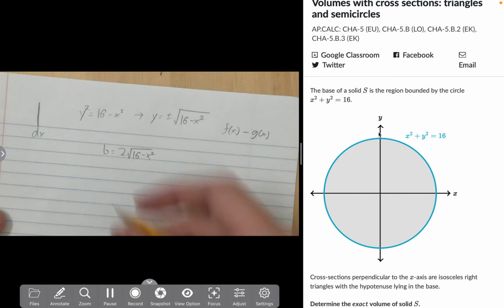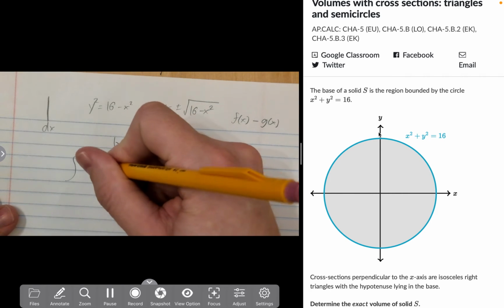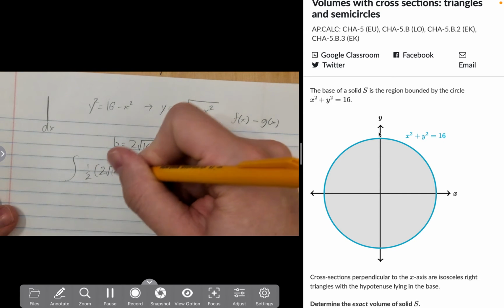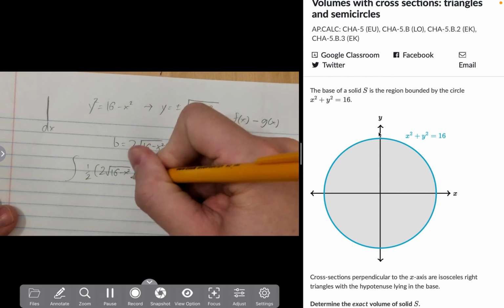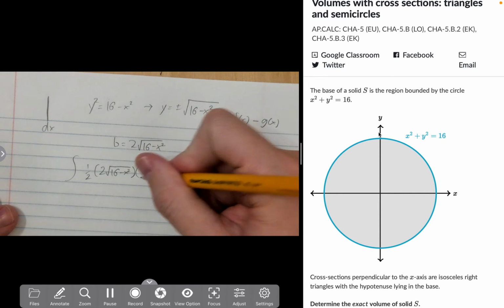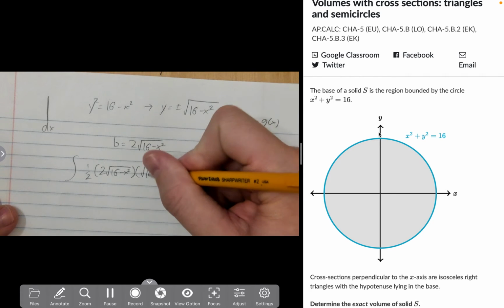So my integral is going to be the integral of 1/2 times 2 of those bases, or 2 of that function, and then the height, which is half of the base.